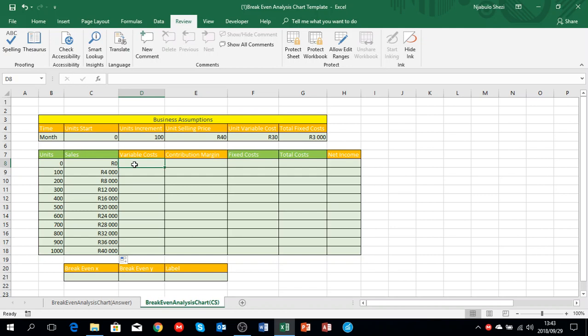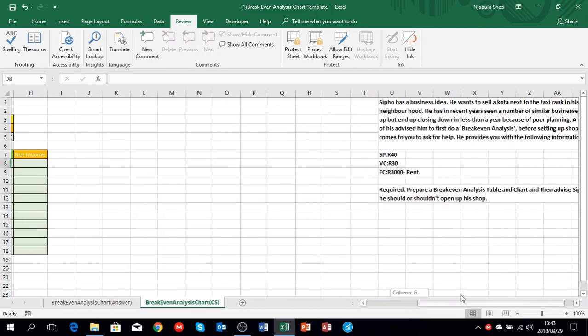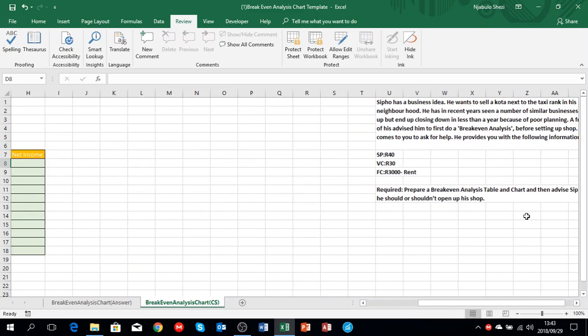So basically, guys, variable costs are those costs that change in relation to productivity levels. A good example for this particular scenario would be cooking oil. The number of cooking oil bottles that Sipho uses in order to make his quota.